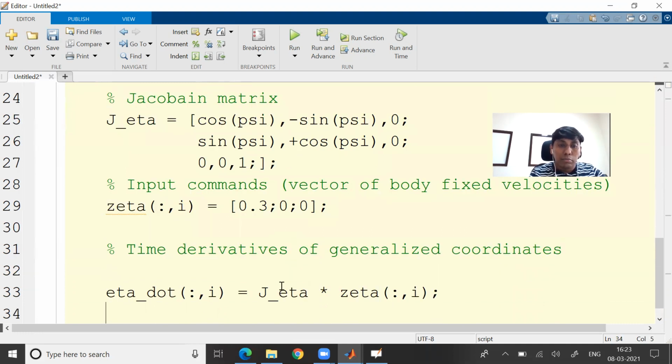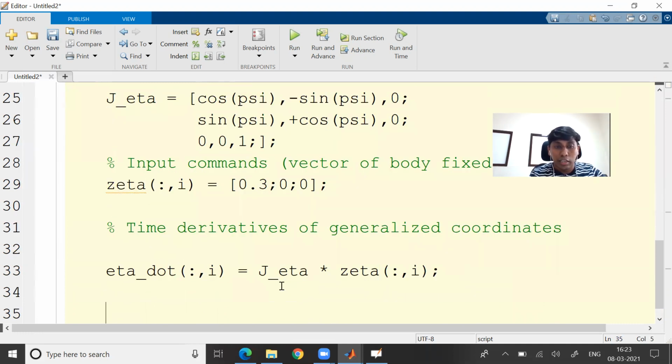Then what we are trying to do is the generalized coordinates time update. I have to write time update.